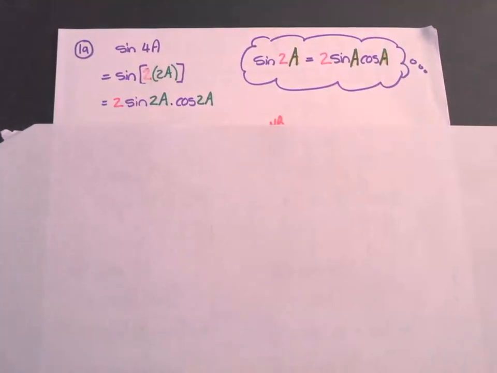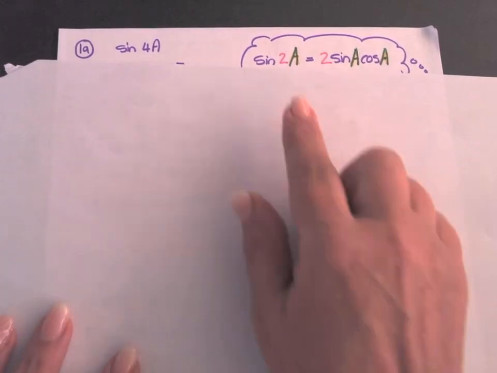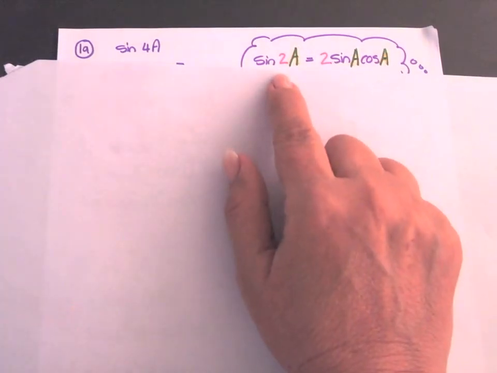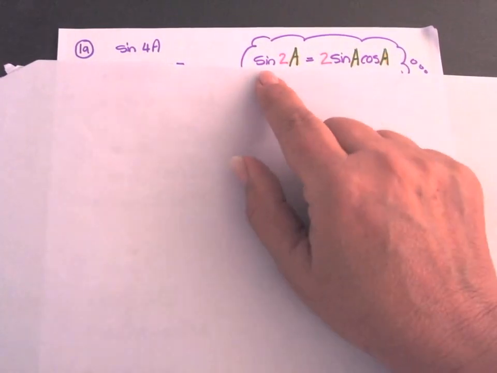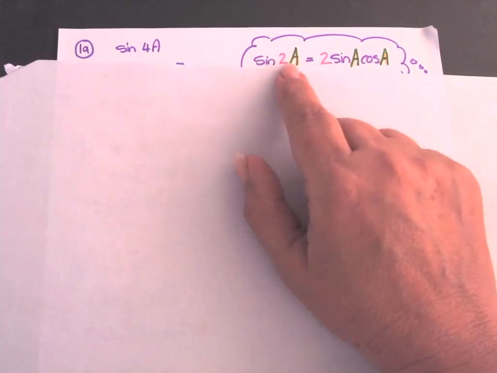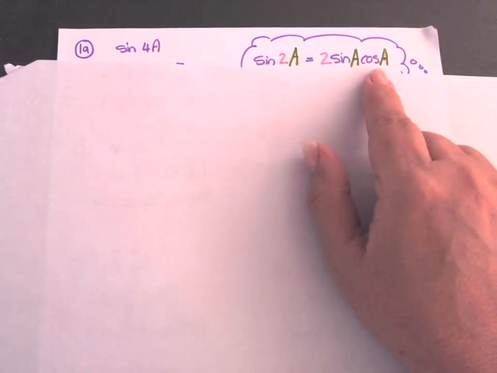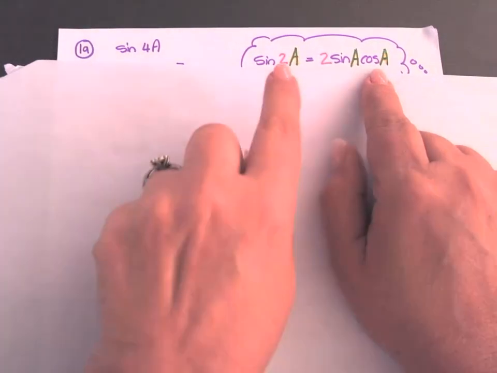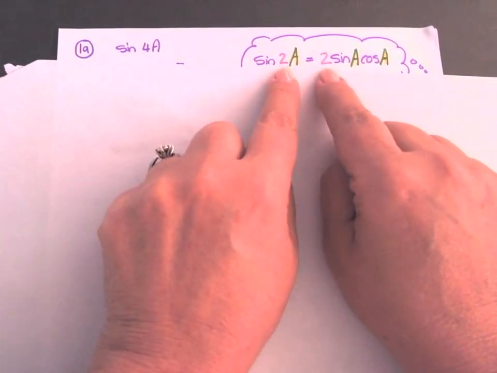Alright, this one we are going to use the double angle of sine. Now I use my colors. Listen to where I say what. The sine of 2a is 2 sine A cos A. So this pink 2 is shifted to the front.